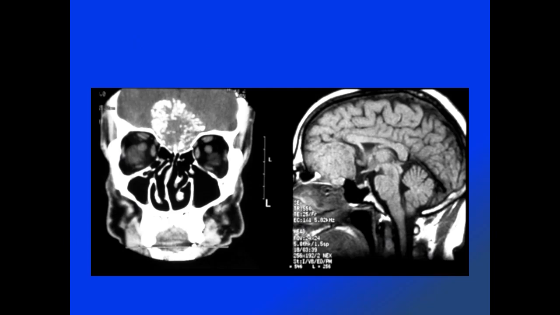Coronal T1 weighted CT image demonstrates prominent calcification of a mass in the midline along the floor of the anterior cranial fossa. Non-contrast sagittal T1 weighted image demonstrates an isointense mass along the floor of the anterior cranial fossa, consistent with an olfactory groove meningioma.